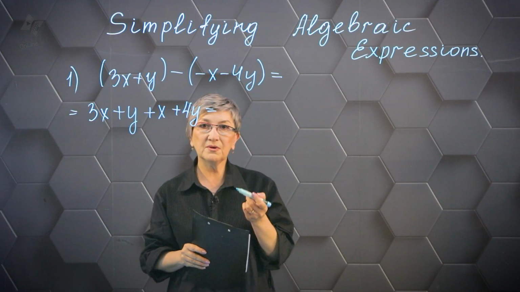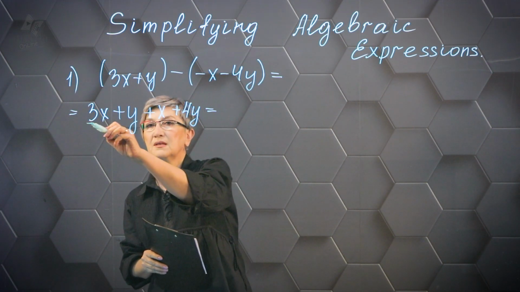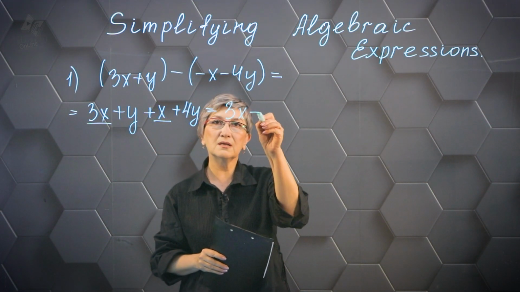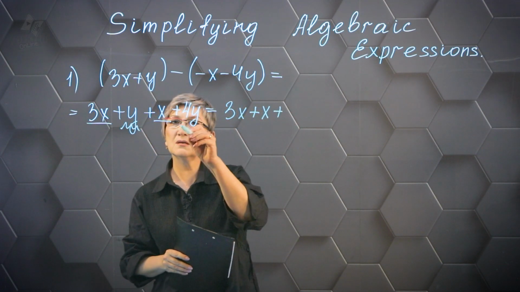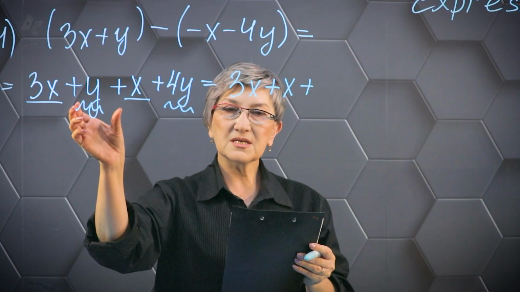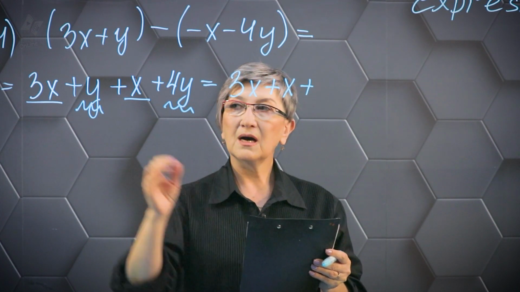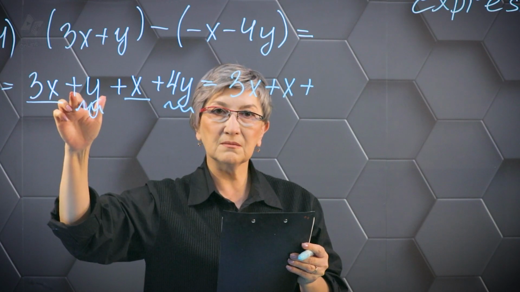And now I can add similar summands, find those similar summands. 3x and, let's put them next to 3x, plus x. But I also have a y and a 4y. I'm writing down all these addends with their signs, and the sign is the sign that's written in front.